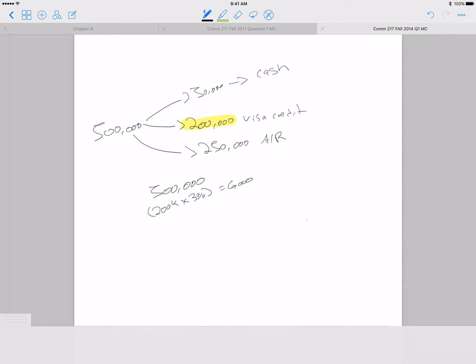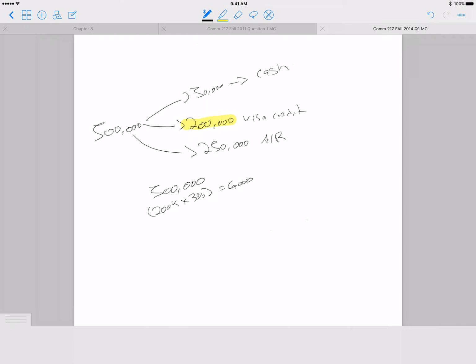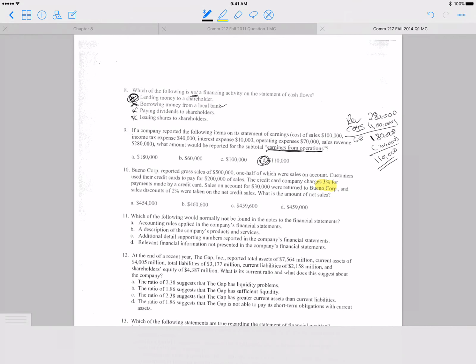And then it says sales on account for 30,000 were returned for Bueno Corp. So that means the full 30,000 must be subtracted from the gross sales as well. And then if we keep reading, it says sales discounts of 2% were taken on the net credit sales.